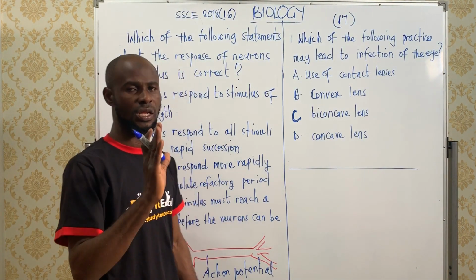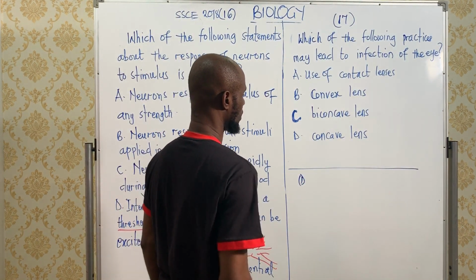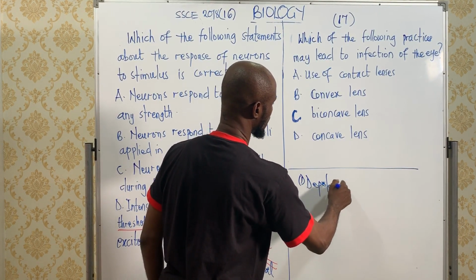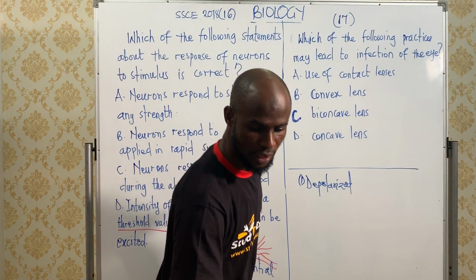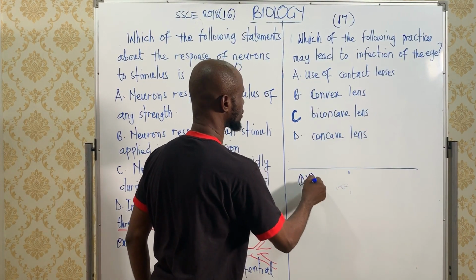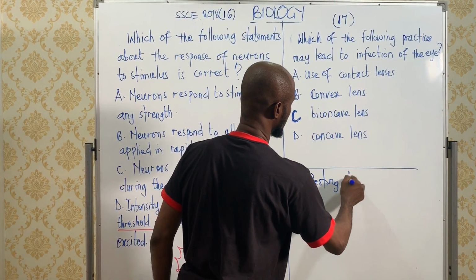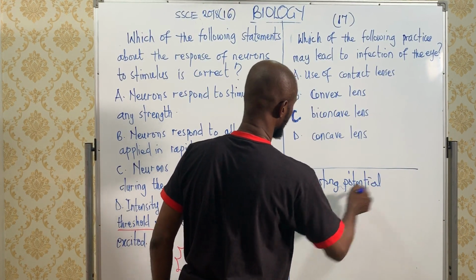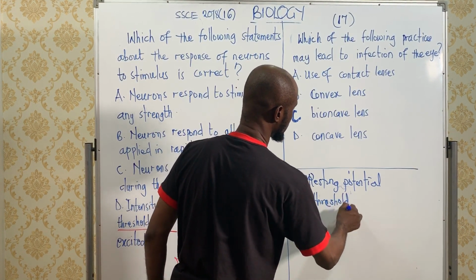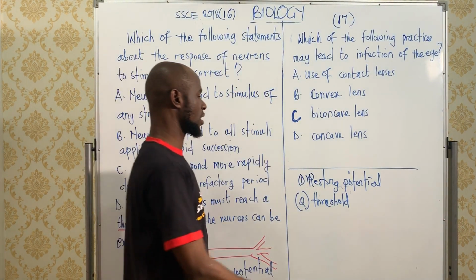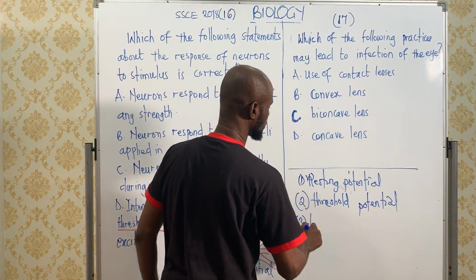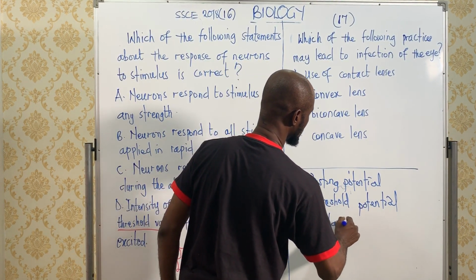So the action potential starts from the resting potential. That's the first one, when it's not performing any work at all. The next one is called the threshold potential. That's the value at which it starts to perform work. Then the next one is called the depolarization state.